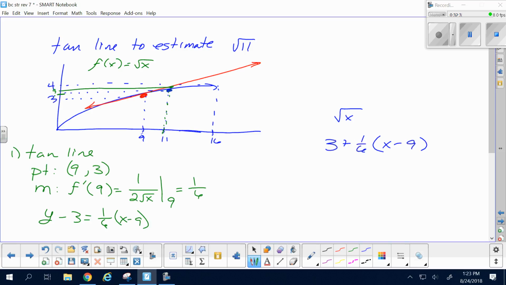All right? Now we're going to use our tangent line to estimate at 11. We know that the linear function is pretty close to the curve at 11, so we're going to put 11 into the line. Y would be 3 plus 1/6, I moved the 3 over, of, instead of x minus 9, we put in 11 minus 9.